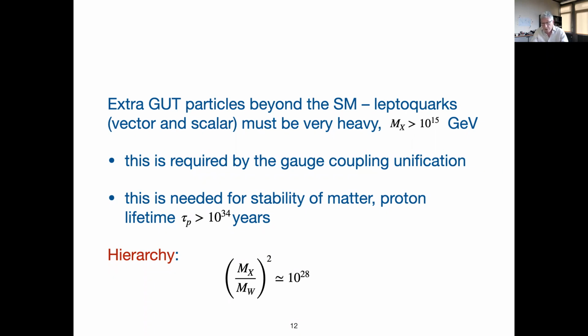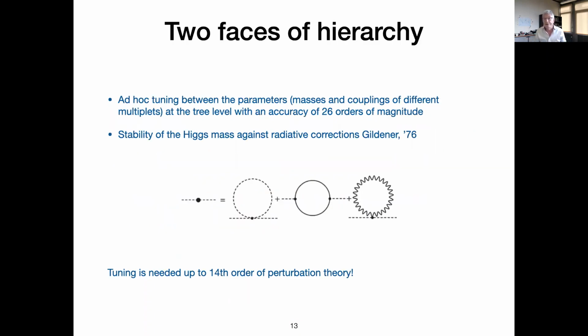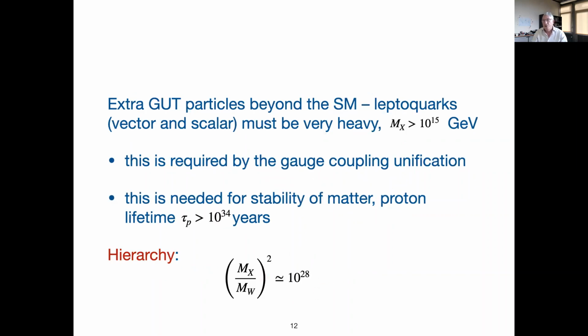We can say, so what? If it's a large number, maybe it's simply like that. But what Gildener said is that, fine, suppose that you fix this hierarchy in your Lagrangian in some way to be indeed 10 to the 28. But then you start to compute different radiative corrections to the Higgs mass, and you find out that after computing one loop, you still have to tune your parameters with very high accuracy so that this ratio of the physical values is indeed so large.